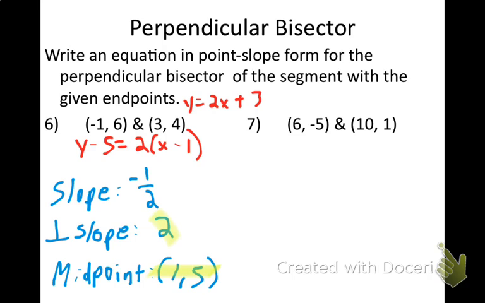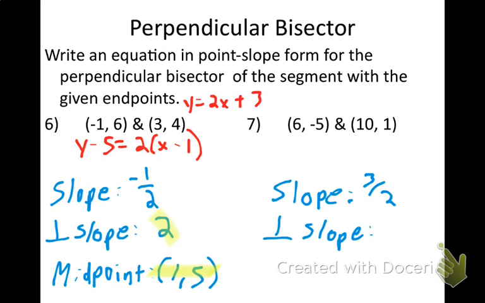Number 7. Same thing here. Find the slope. What would the slope of number 7 be? Caitlin, slope? 3 over 2? Which means my perpendicular slope is what, Nick? Negative 2. Yeah, negative 2. Okay. Good.